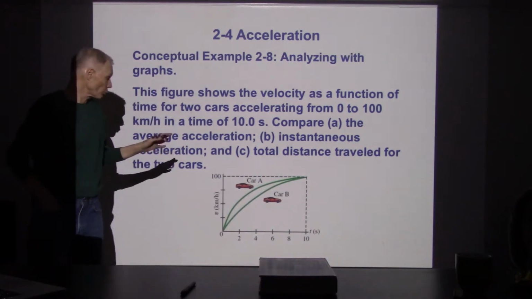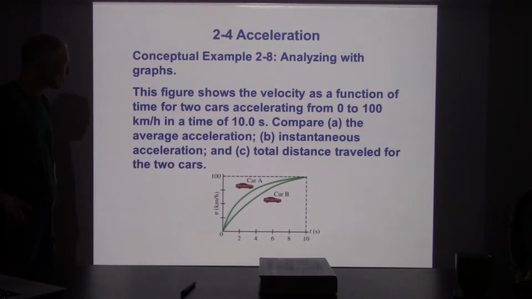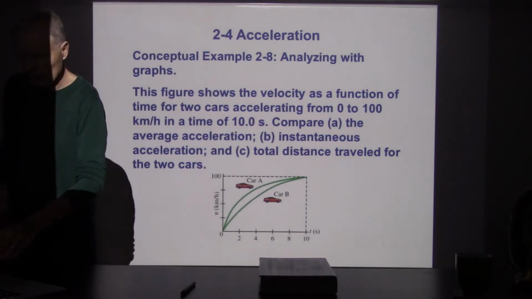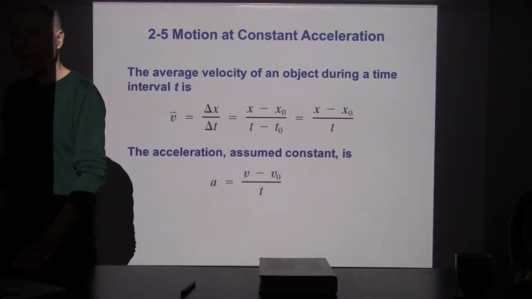If we determine the area of that, we could determine how much farther car A traveled than car B. We could estimate what the areas under those curves are to do that. Okay, so using graphs is really useful.